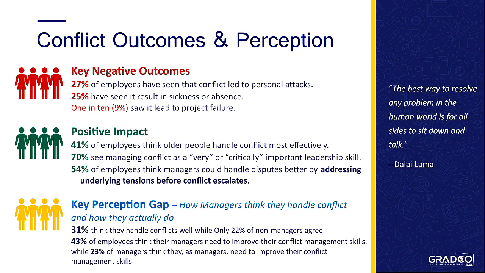Yet oftentimes we don't learn those skills. We sometimes over-rely on our family systems and how we were raised, or in other ways we've learned about conflict, but not through a systematic study of conflict and conflict management. And then a key perception gap is between managers or supervisors who think they're handling conflict better when most employees think they're handling it worse than they believe.